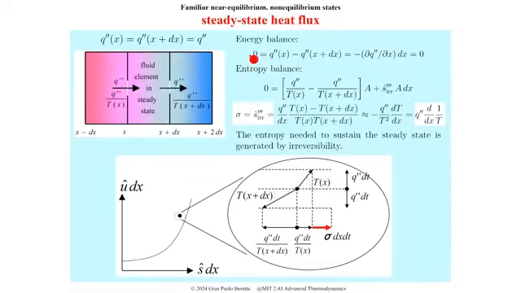So 0, because we are at a steady state, so there is no accumulation of energy. Otherwise, here it would be the derivative of the energy per unit volume with respect to time, but it's 0 because we are assuming steady state, is equal to the heat flux.